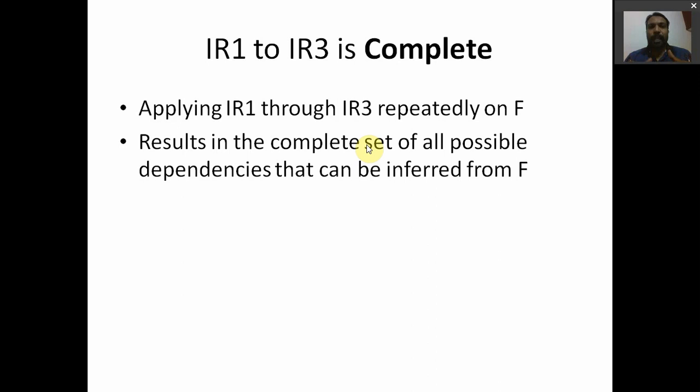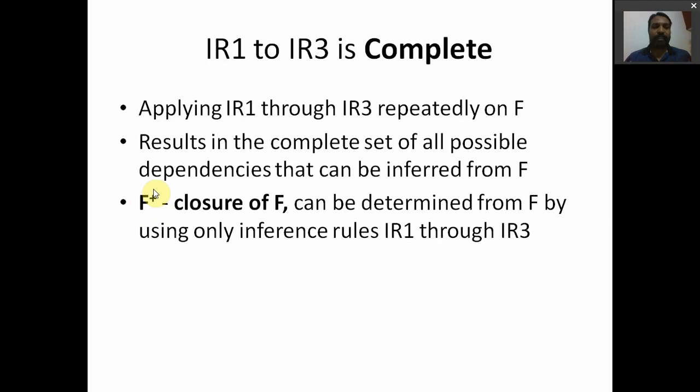Closure is the set of functional dependencies which can be inferred from F. It is a complete set of functional dependencies. So by repeatedly applying IR1 to IR3 on that F, we can find the complete set of all those functional dependencies. This closure F plus can be determined from F by using only IR1 to IR3. By using these three rules, we can find the closure.